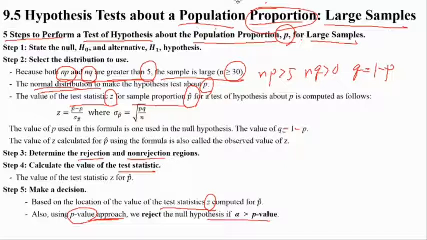And the 5 steps: the null and alternative hypotheses, which distribution to use, defining the rejection or non-rejection region, and the calculation of the test statistic. The last part is important: make a decision. How do we decide, using the z value or the p value? All right, get it?